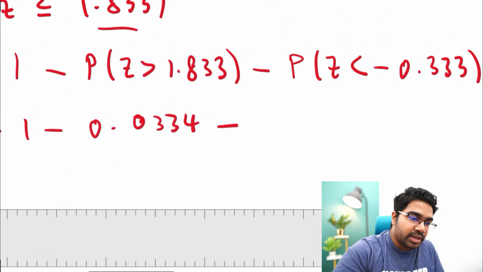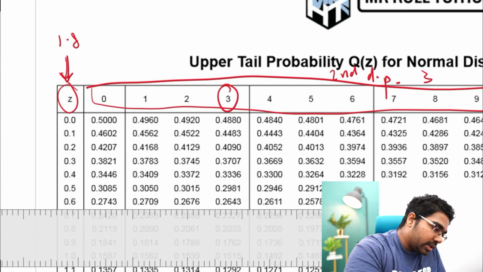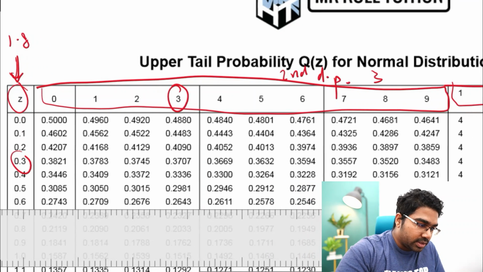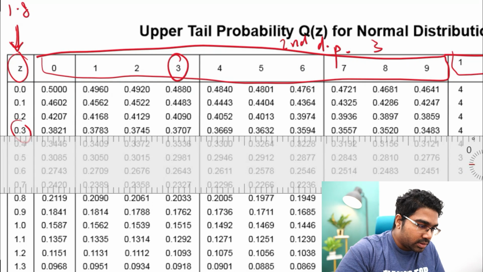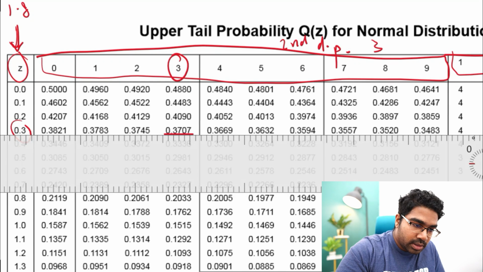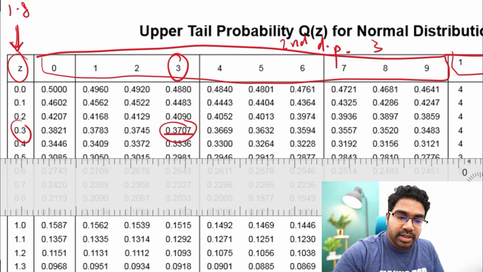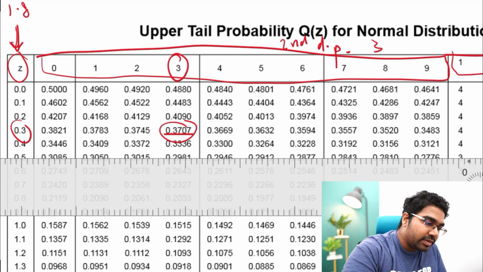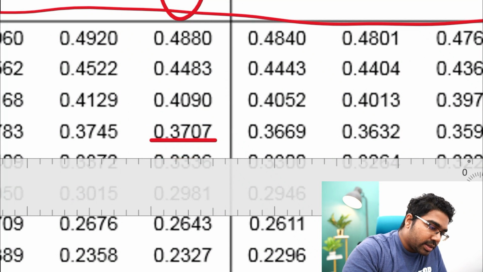So let's use the table again. So 0.333, we will take this. So we align our ruler here. 0.333. So we apply the same thing. 0.33 is 0.3707 minus 11. So once again, this 11 is at the end here.